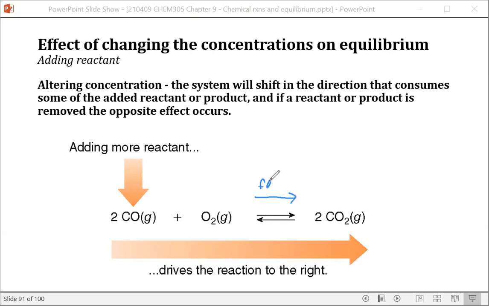So we're going to favor the forward reaction, which means that the concentration of O2 is going to go down, and the concentration of our product, CO2, is going to go up as the reaction is pushed to the right, favoring the forward reaction to get rid of this added stress of adding more reactant.